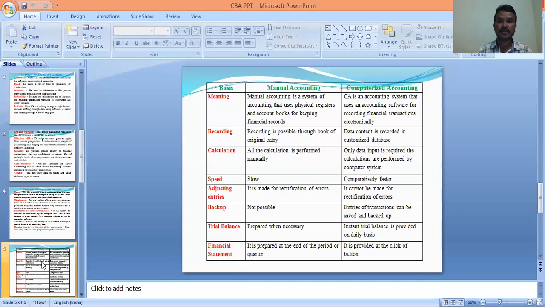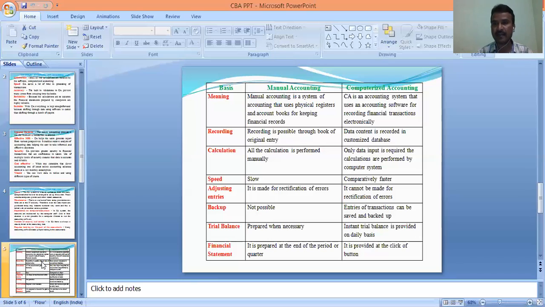Next, calculations. Calculation is very important. In economic transactions, calculation is of major importance. In the manual accounting system, all the transactions recorded by the accountant must be calculated with the help of a calculator or manually.